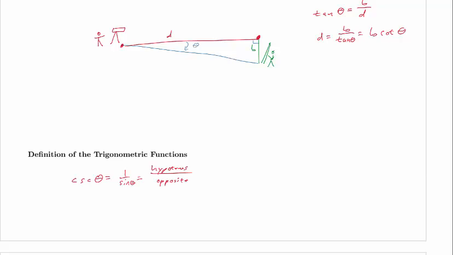And then for the secant theta, again, just 1 over cosine. And I'm just going to use H to stand for the hypotenuse and A to stand for the adjacent.